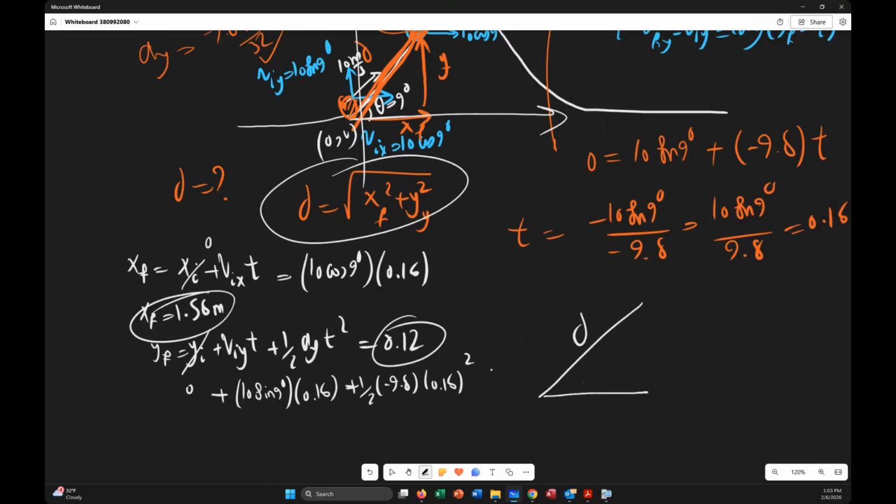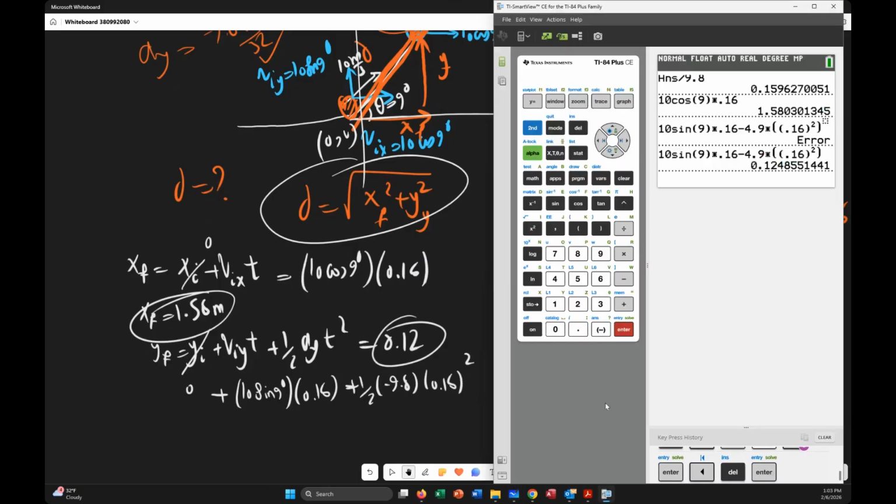You just move xf to the right, yf to the top. Good? So D is going to be 1.56 to the power of 2 plus 0.12 to the power of 2, what is that value?